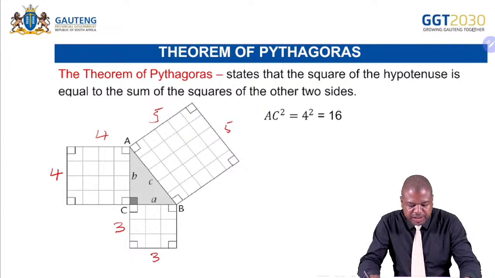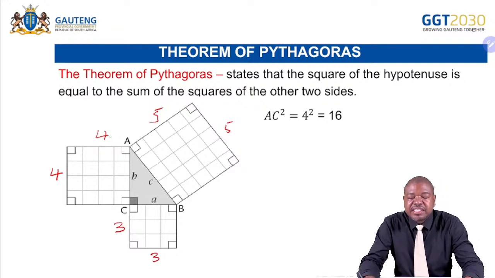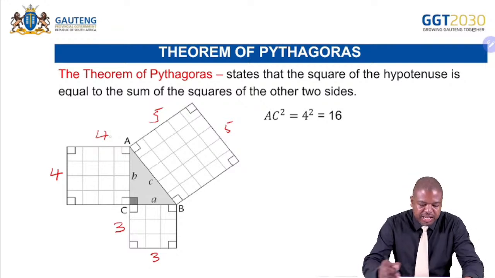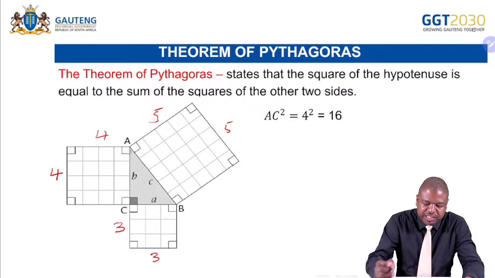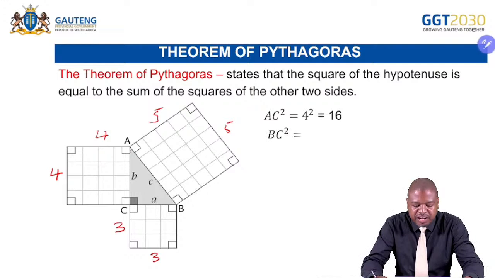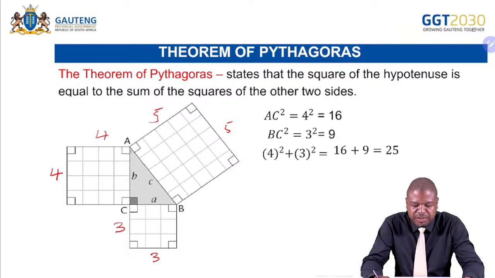So if we say AC squared is 4 squared, that is the area, which gives us 16. That is the area of AC squared. And then we have the area of BC squared is 3 squared, which gives us 9. If we add those two, 16 plus 9 gives us 25.